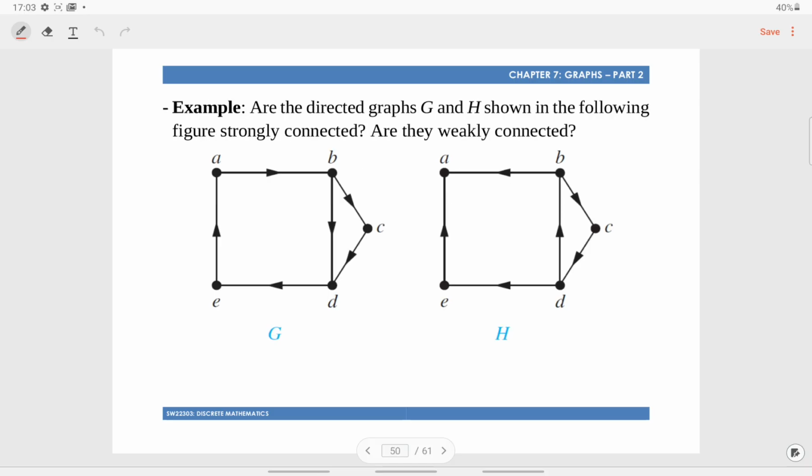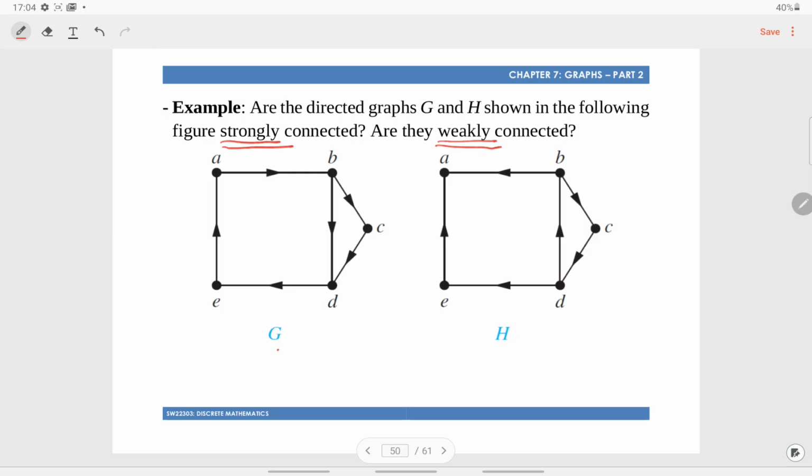Are the directed graphs G and H shown in the following figure strongly connected or weakly connected? In order to answer this question, we need to understand the definitions of strongly and weakly connected. So we're given the directed graphs G and H.